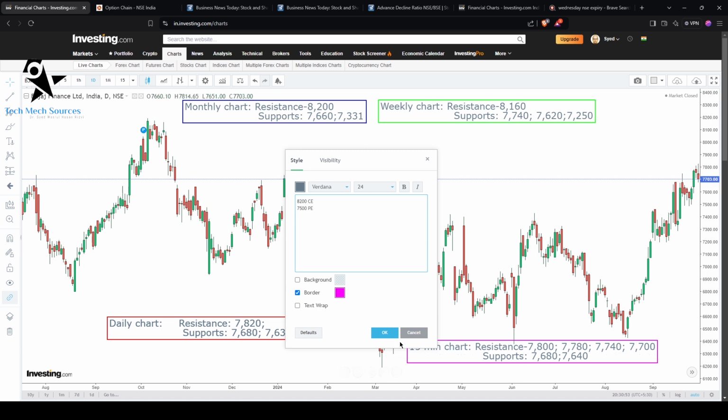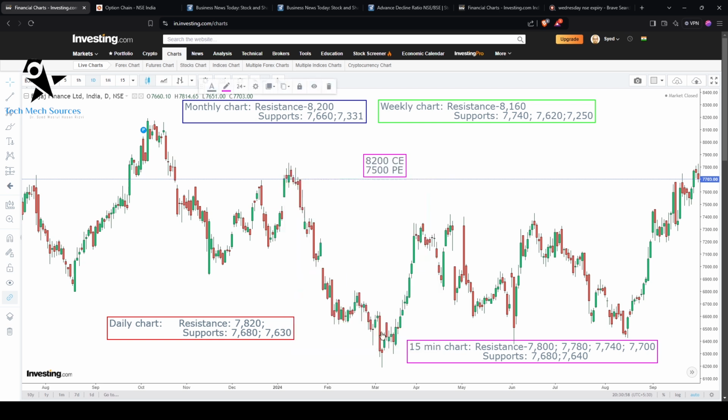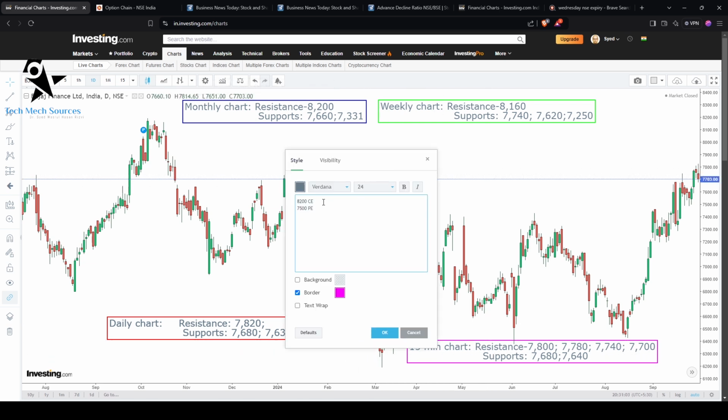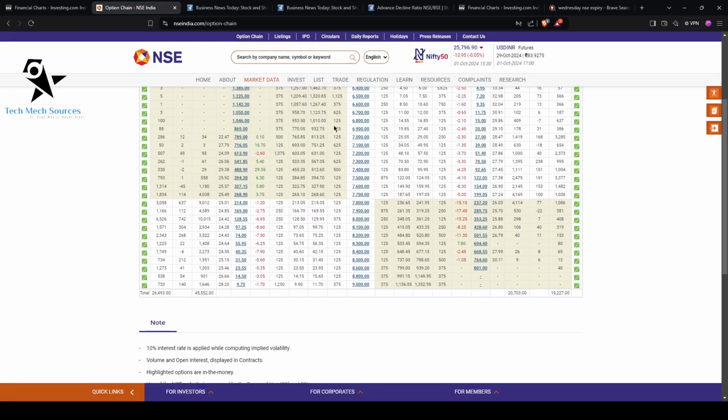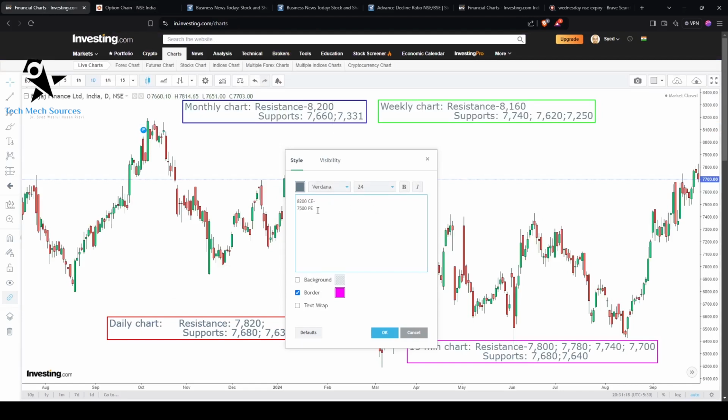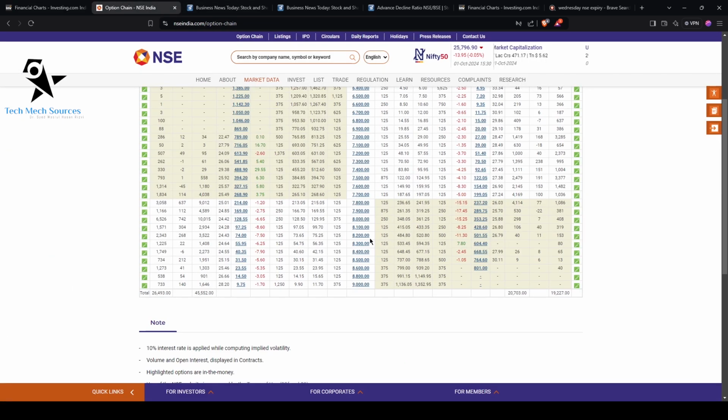If you sell them on 3rd of October, how much are you going to gain? What is the price? In the option chain, we see the 7,500 put is 122. The 8,200 call is 74.